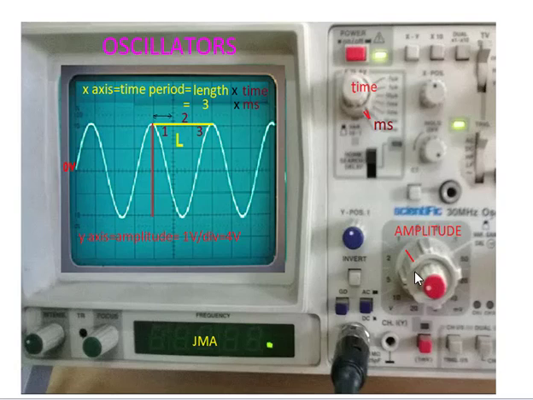To vary this, we can adjust the amplitude knob here. The amplitude knob indicates 1 volt per division, 4 divisions, 1, 2, 3, 4. So, in this oscilloscope, we can determine the time period, and from this, the frequency and the amplitude of the wave.